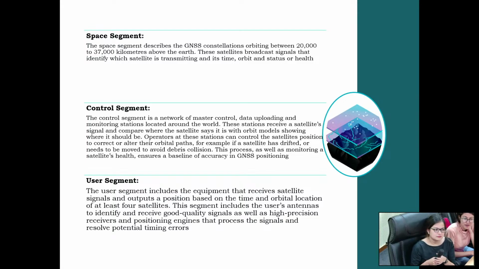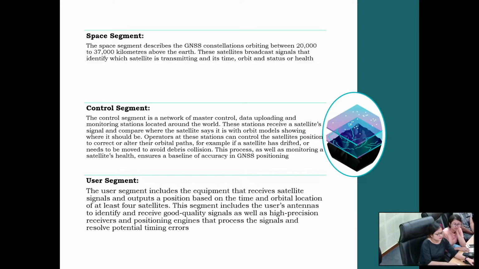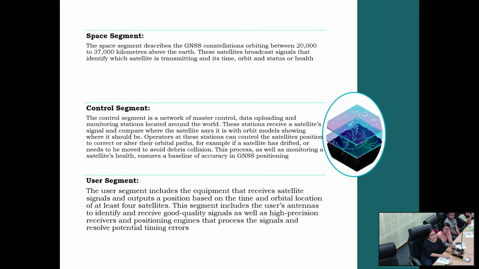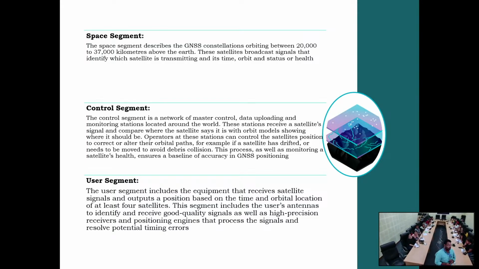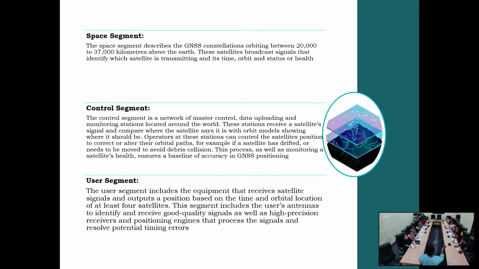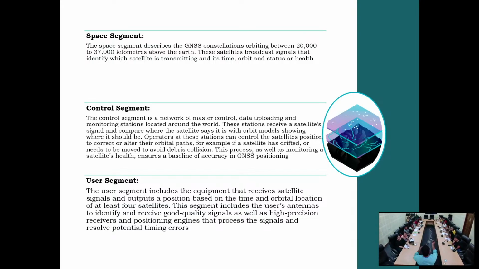Its basic work: the data which we are asking for, it will communicate with the satellite for a satellite health check. If a satellite is moving in its orbit and in between some space debris is coming, then the control segment will shift its orbit, so there will be no collision.